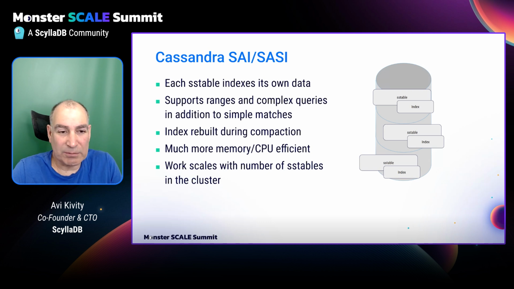So that's a nice benefit, not just simple matches. And the index is rebuilt during compaction, so the work is reused. It's more memory efficient. So I mentioned before that having efficiency is important.